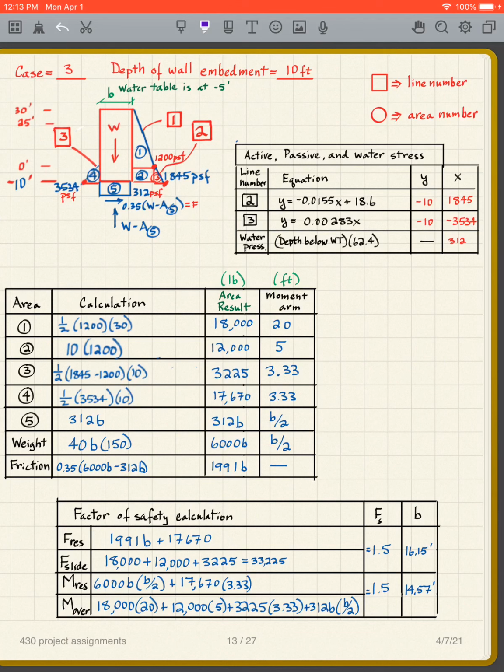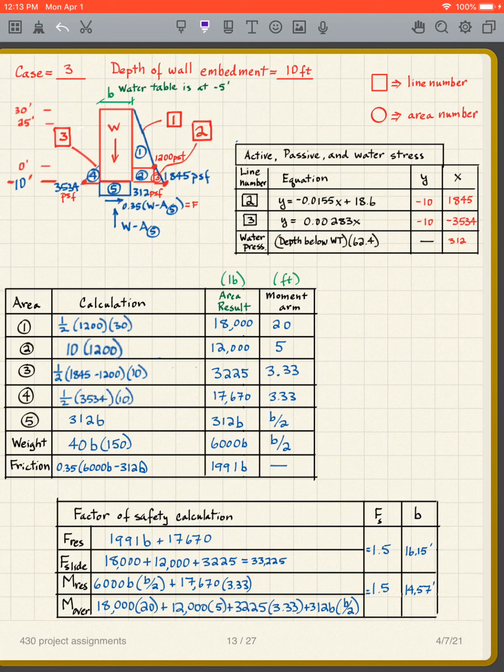So I have the 4, I take the area times the moment arm, goes here. Then the weight times the moment arm goes there. That gives me my resisting moment.